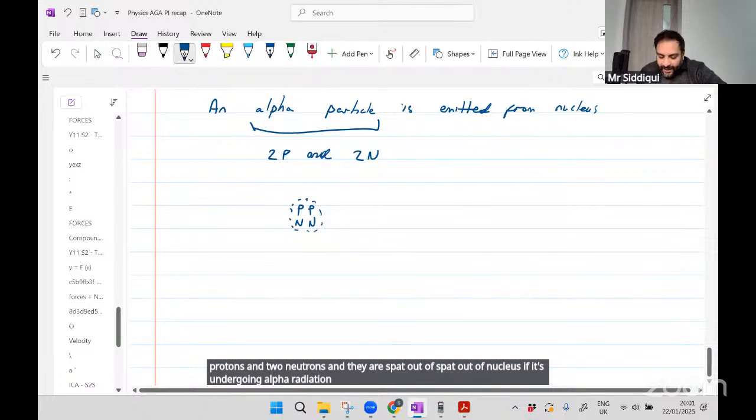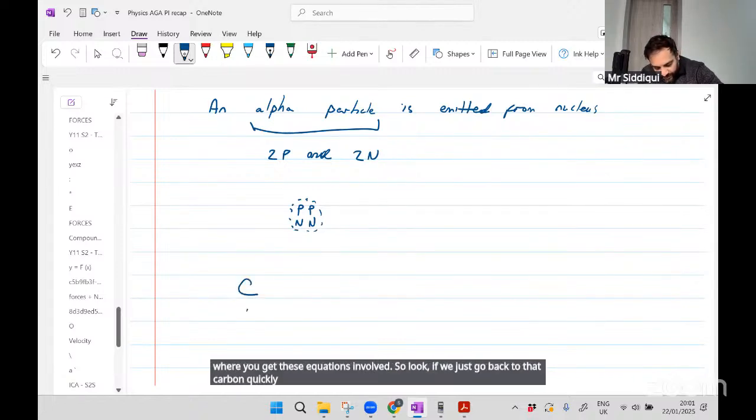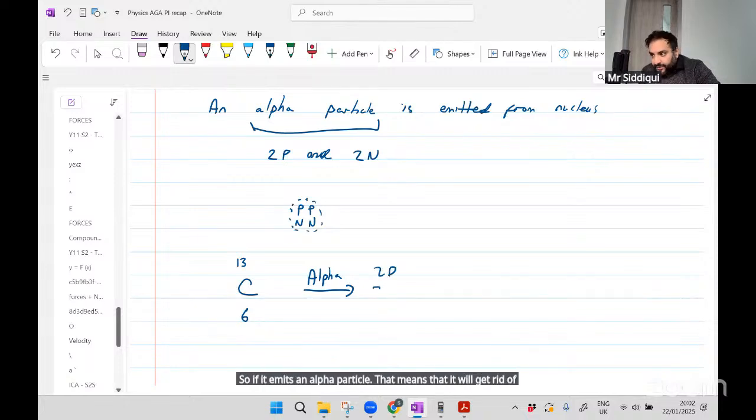Okay. Now, this does create questions where you get these equations involved. So look, if we just go back to that carbon quickly and say it was 6, and let's say that was 13, for the sake of it. Now, if it emits an alpha particle, that means that it will get rid of two protons and two neutrons.